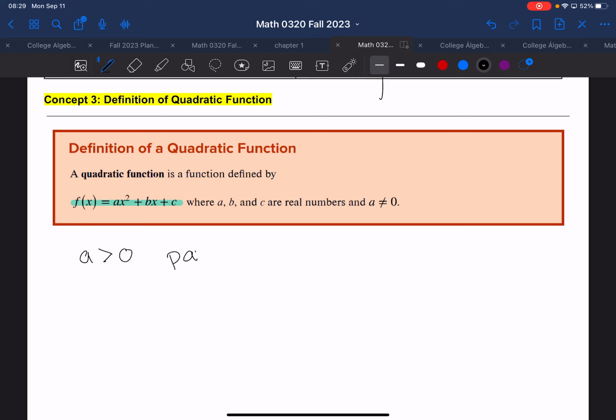So our parabola, again, another name for quadratic, opens up. And what I mean by that is that when we're looking at our vertex and our function where the arrows are, our parabola opening up means our arrows are going in the positive direction.